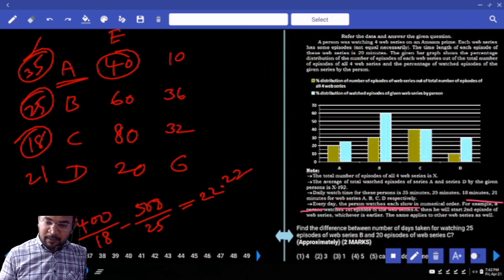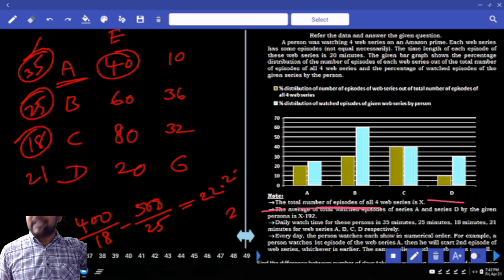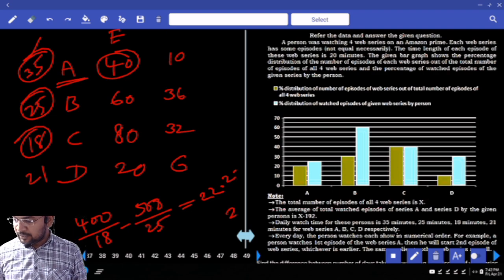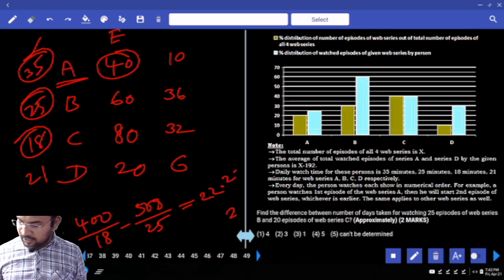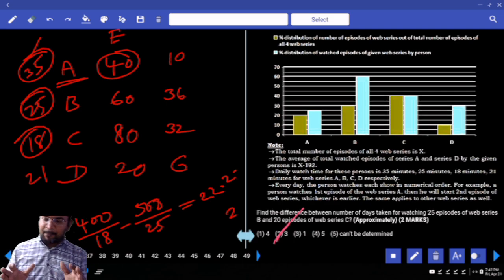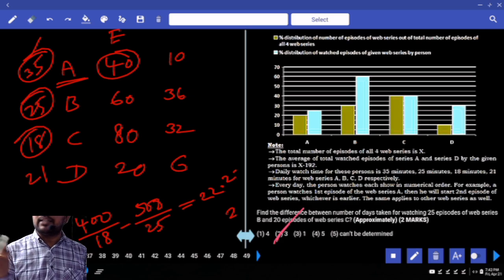Minus 20 gives 2.22, which means 2 days crossed, so the next day is the third day. So your answer is 3 days. They are asking approximately how many days of difference. Two days crossed means it will be a third day.